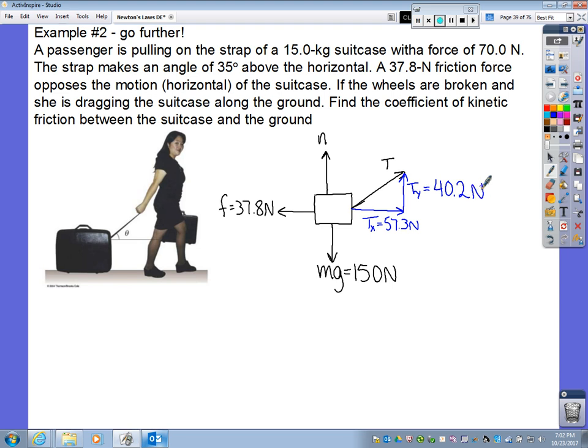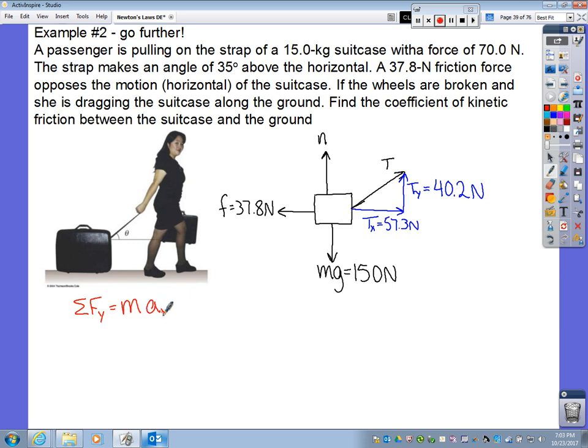Now, I want to know the coefficient of kinetic friction. And I know that in the vertical direction, we're not accelerating. So let's look at the net force in y equals mass times acceleration in y.